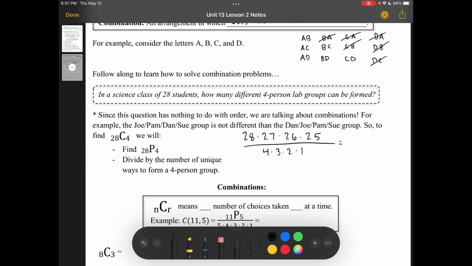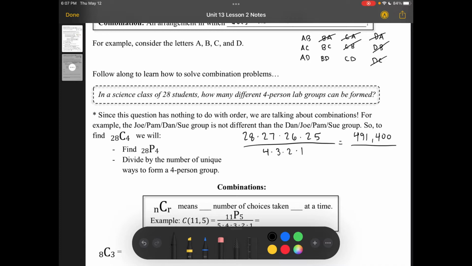We're going to evaluate the top value and the bottom value, and then figure out what the total is. So 28 times 27 times 26 times 25 tells us there are 491,400 different permutations of the lab group.